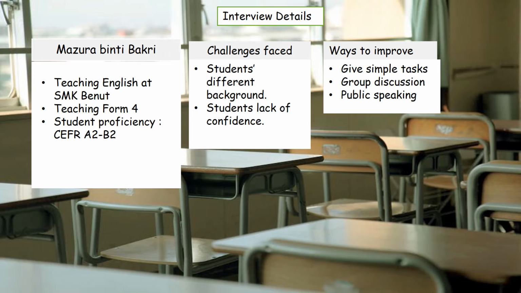It means the students can understand the main points of clear standard input on familiar matters regularly. Second, students can deal with most situations likely to arise. Third, students can produce simple connected text on topics. And students can describe experiences and events.